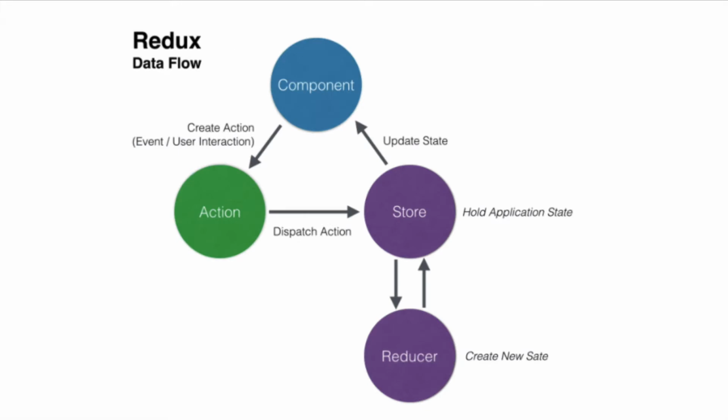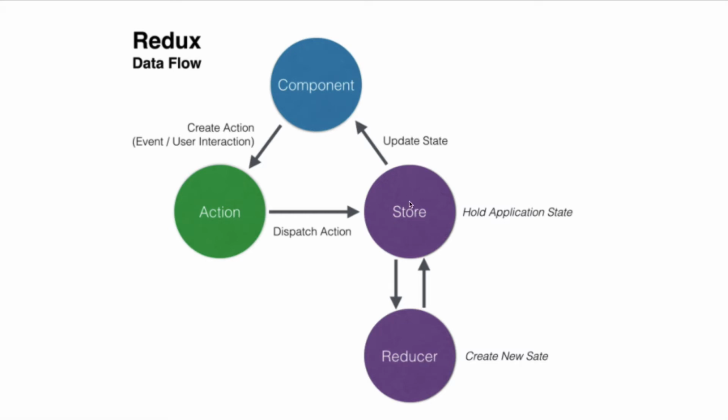So here we have a Redux data flow. As you can see, the component here represents our user interface. If a user clicks on the user interface, it invokes an action. The action dispatches itself and communicates with the store.